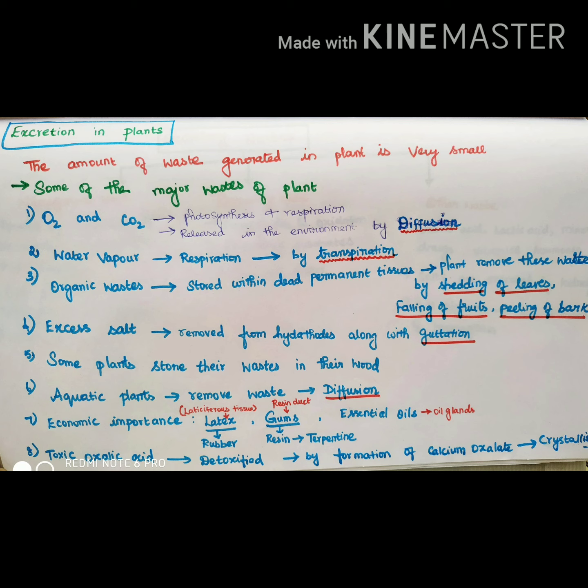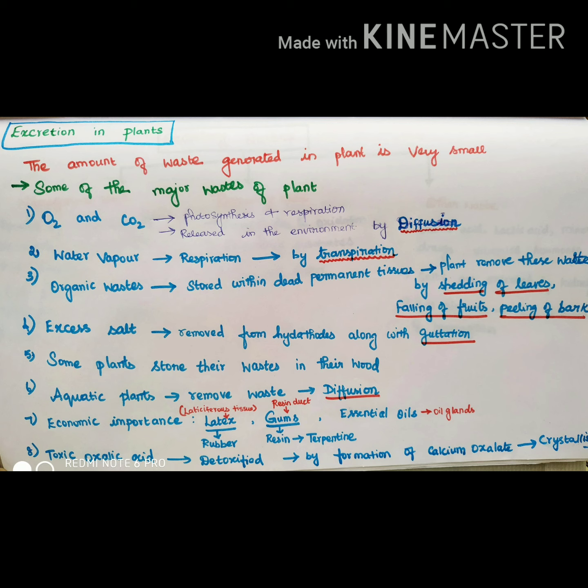But these three possess their own economic importance. Latex, as you all know, is used to produce natural rubber. And it is stored in the laticiferous tissue in the plant.